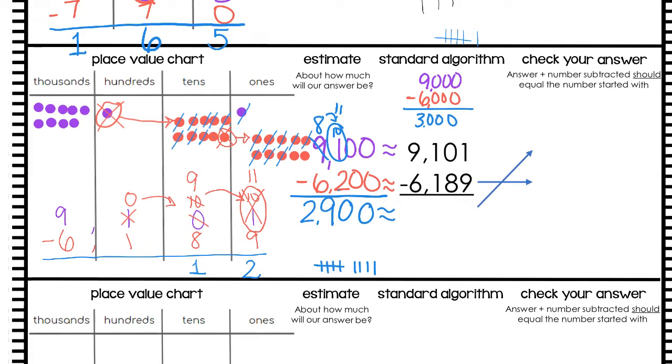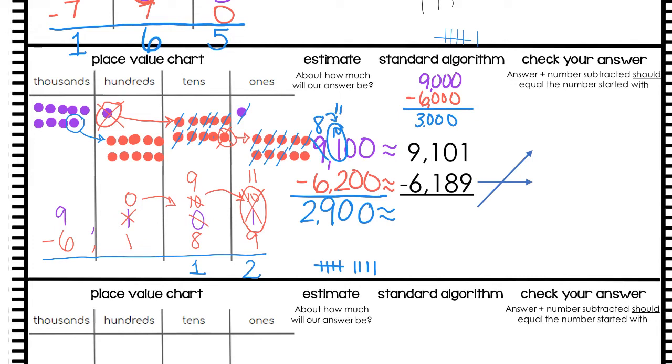Now, we're in the hundreds. I have 0 hundreds currently, but I need to take away 100. So I'm going to have to go over to the thousands and use one of my thousands and regroup it into 10 hundreds. When I'm counting, I should get to 1,000. 100, 200, 300, 400, 500, 600, 700, 800, 900, 1,000.